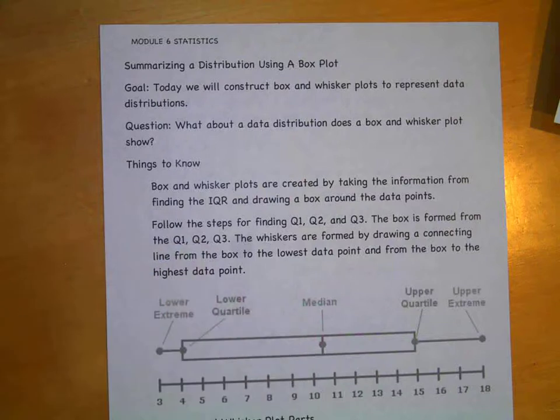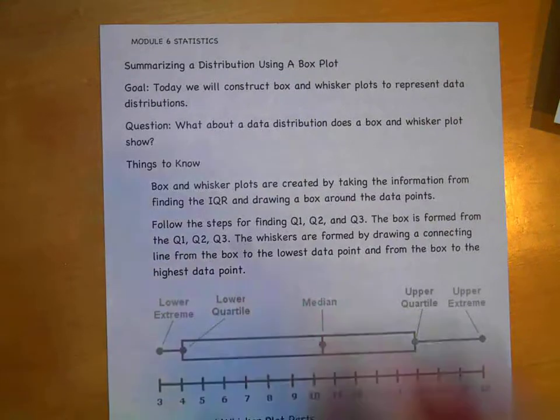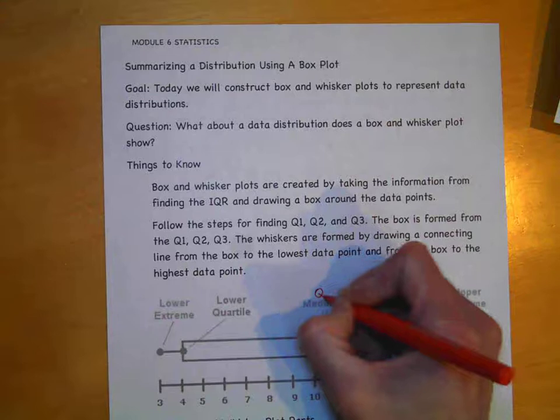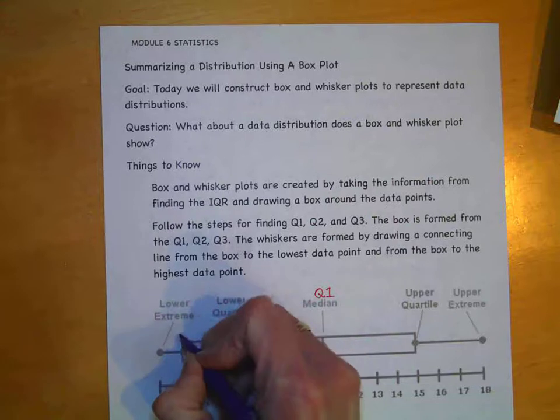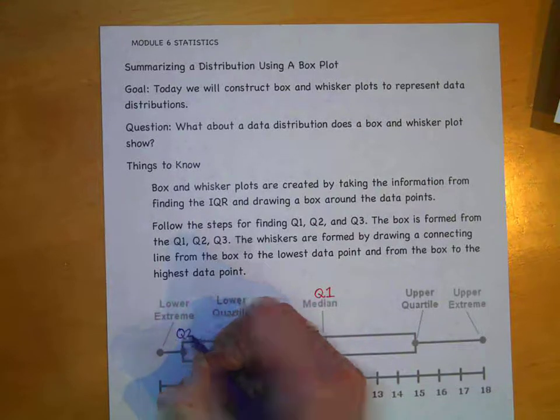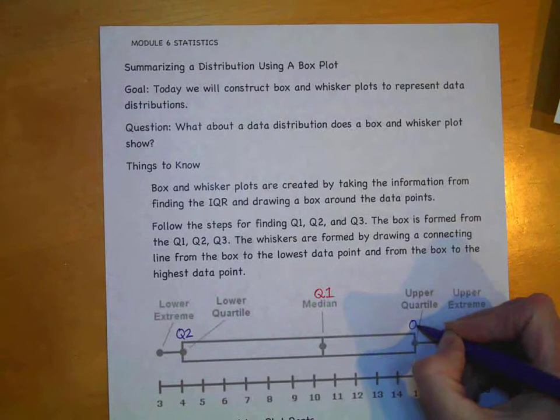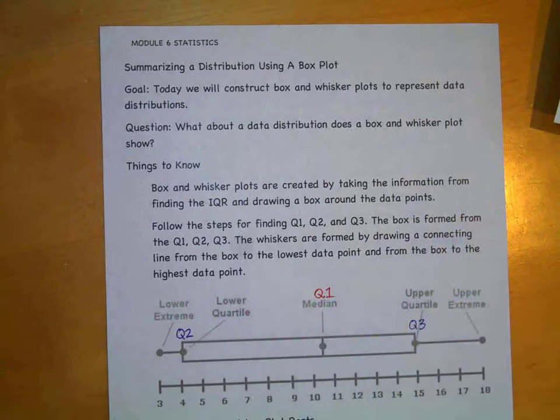What they're talking about up here when they tell you to find things: Q1, or quartile 1, is your median, and then quartile 2, like we were studying, is your lower, and quartile 3 would be your upper.